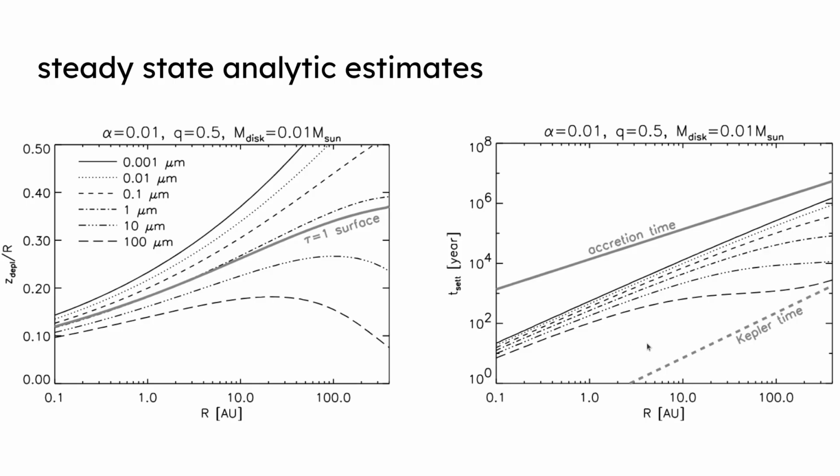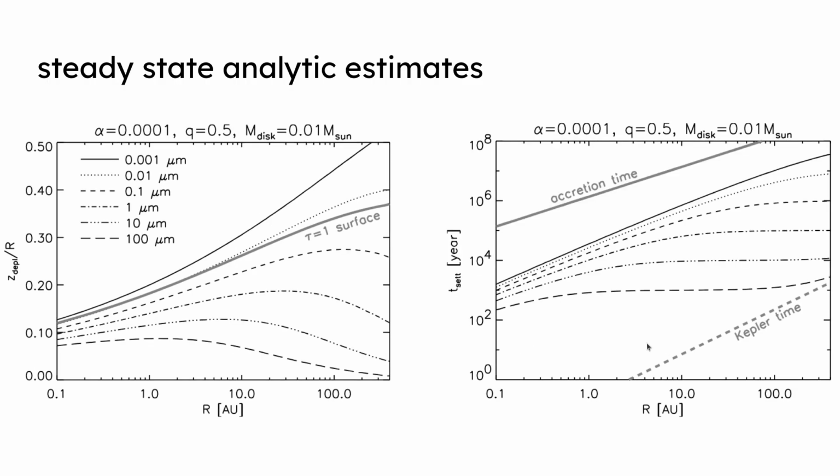Okay. Then these are the same plots but with an alpha parameter 100 times less. So it means that the turbulence is 100 times weaker, and that leads to more effective settling of the dust. And in this case, now we have this 0.1 micron dust completely non-existent at the tau equals 1 surface, which means that settling should affect this tau equals 1 surface.